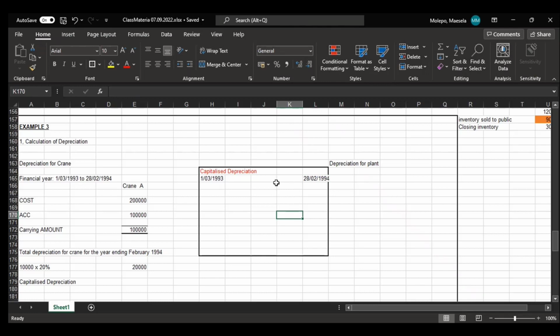So the crane was removed somewhere in the middle, let's say on 1 October 93 to December 31.